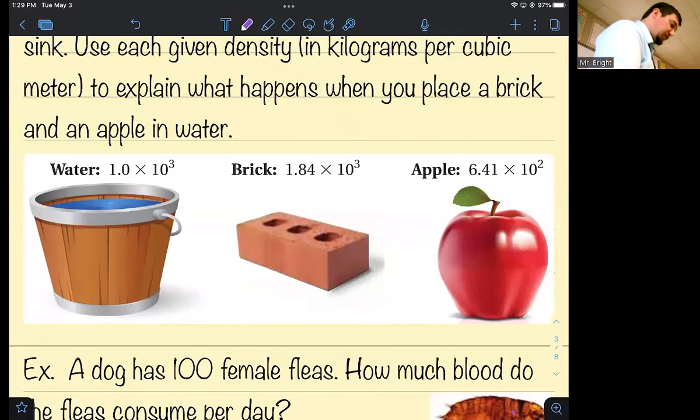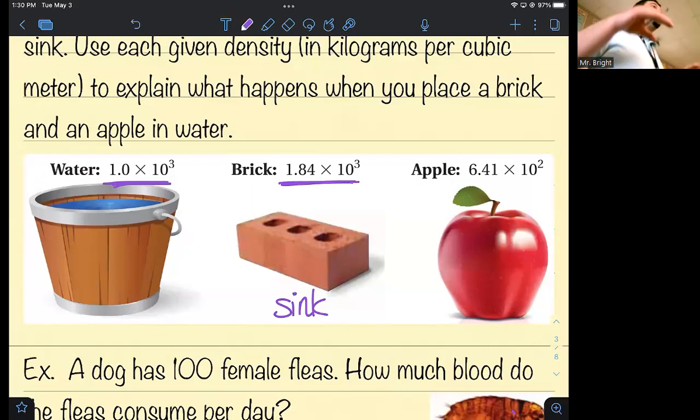So if you look at the first two, they're both times 10 to the power of 3. So then I can look at the factor. Is 1 or 1.84 bigger? Owen? Yeah. So the brick is going to sink. It's more dense.